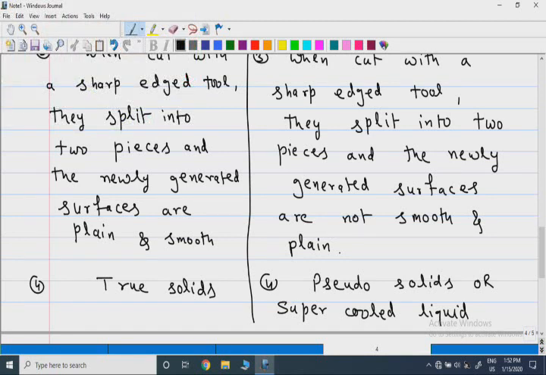Why? They melt at slow rate. Any example?